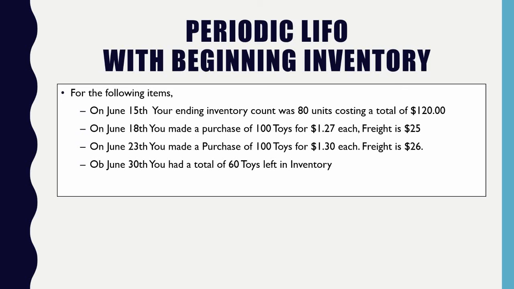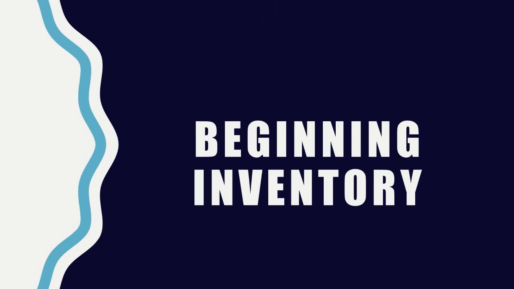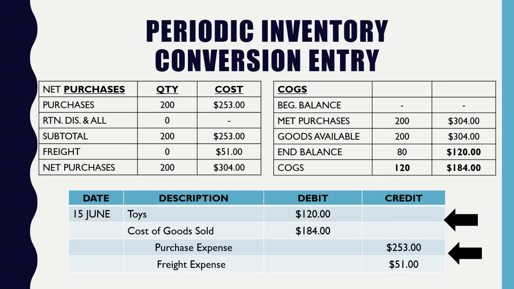Let me see if it's correct. At 80 units costing 120. Okay. So automatically we're going to recognize the last thing that we had, which was going back to our inventory worksheet. Every time you do this and you close out your books, you're always going to continue right after whatever happened, because this one never closes.